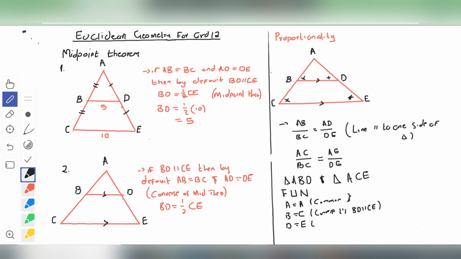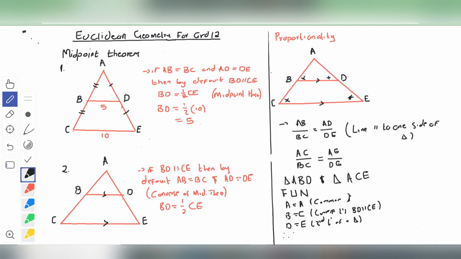The third one, even though you know that angle D is equal to angle E because of the corresponding angles as we have the parallel lines, you can just say the third angle of a triangle.